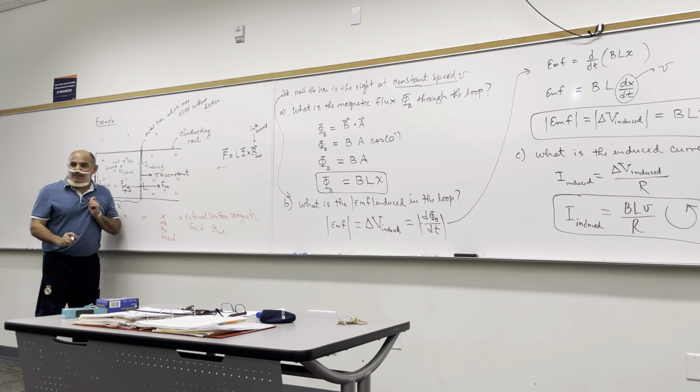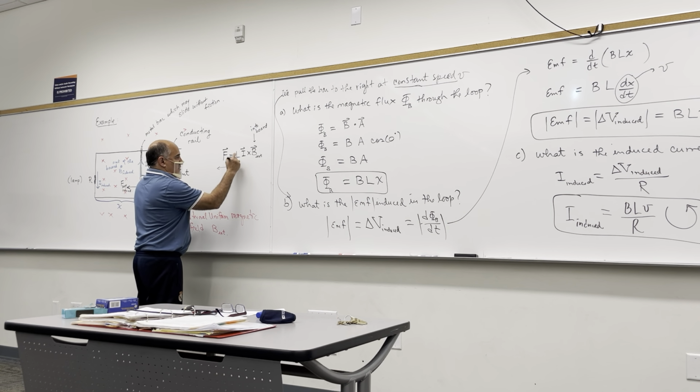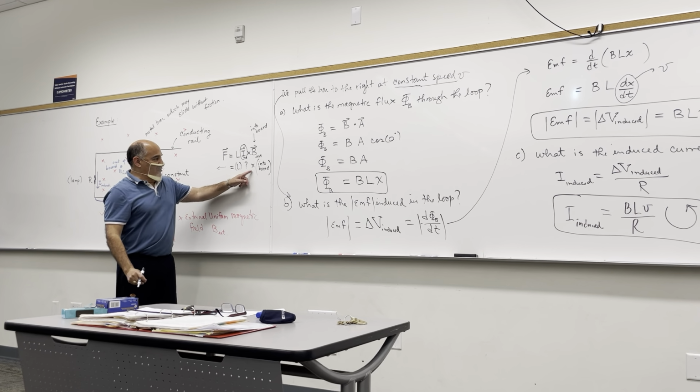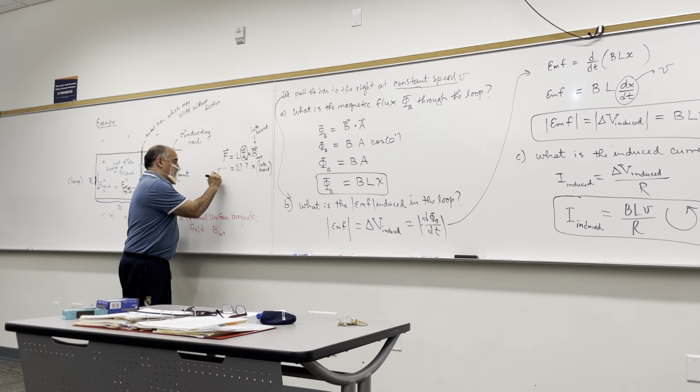So you tell me: this is just a number here, L, cross, this vector is into the board. What would have to be the direction of the induced current so that the current crossed into the board gives me a force to the left?